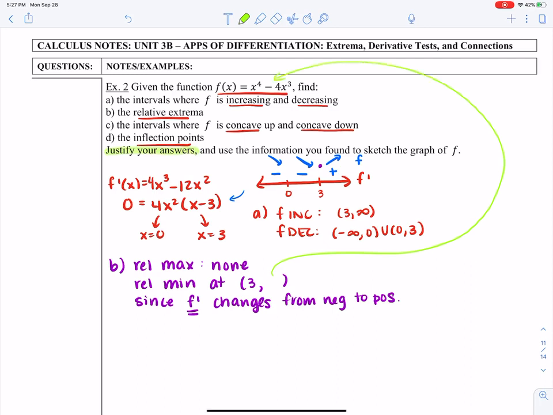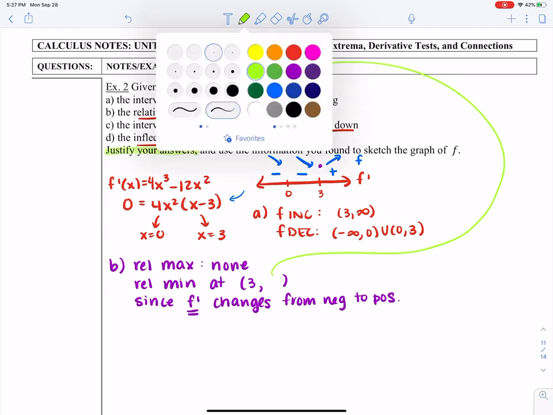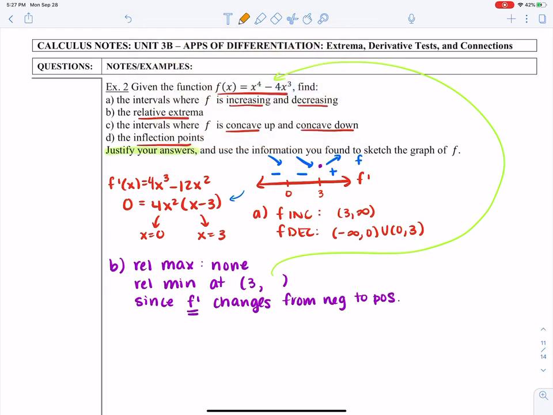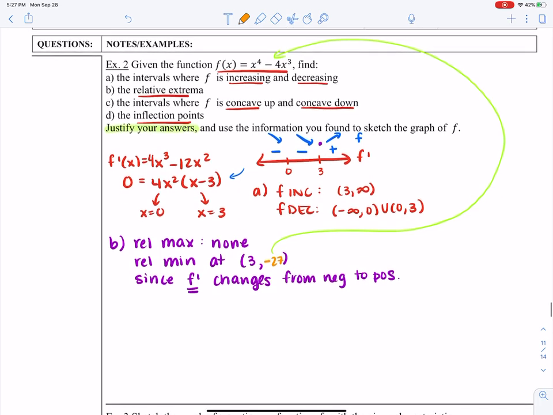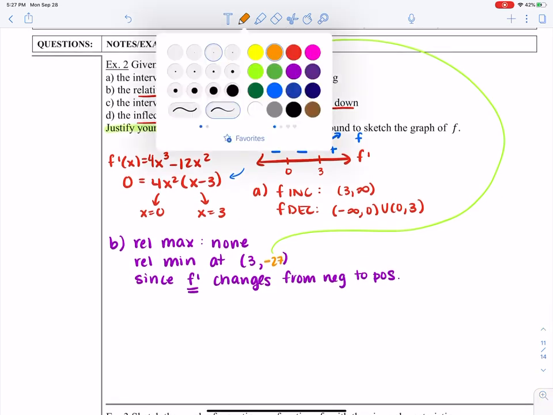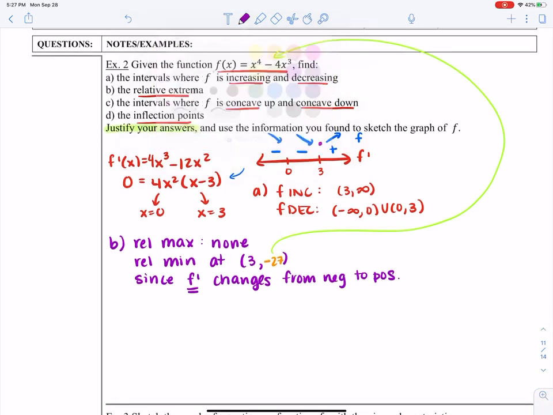Make sure you specify what's changing, f prime. If I want this y value, remember, you're going to have to plug that all the way into the original function. So plugging in 3 to a power of 4, and then minus 4 times 3 to a power of 3. Correct me if I'm wrong, but I think we should get -27, okay?